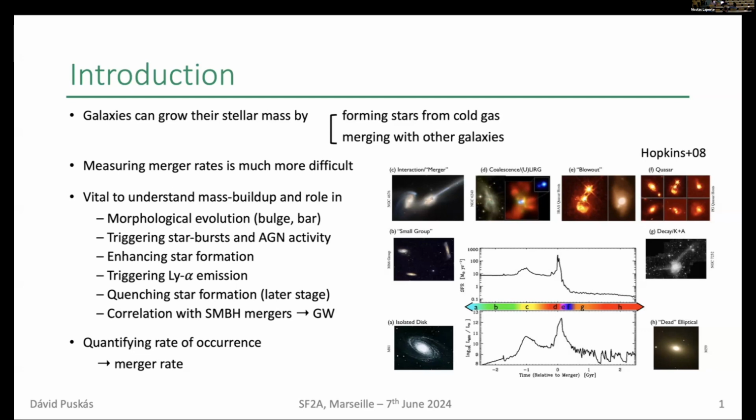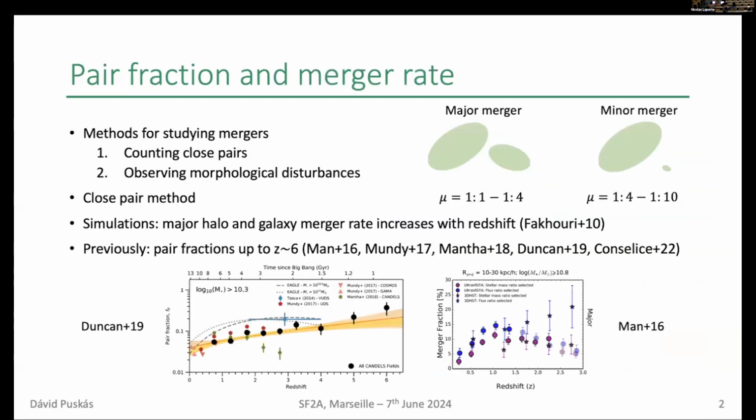But galaxy mergers are very important in different physical aspects, such as morphological disturbances and triggering starburst, AGN activity, enhancing star formation rate in galaxies, but also quenching it at later stages. So it's very important to measure the rate of these galaxy mergers.